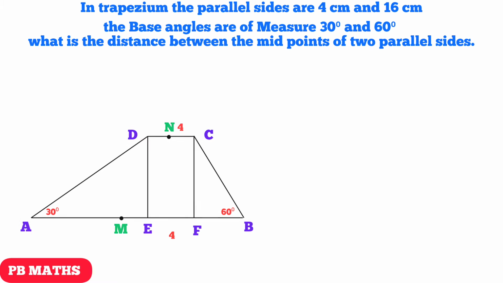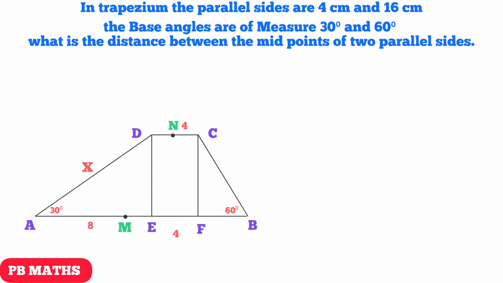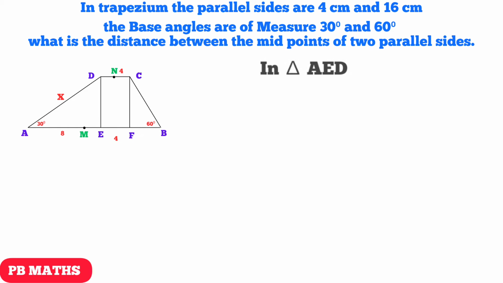For that, let's consider the length of AD as x centimeter. Now, let's express the length of AE in terms of x. For that, let's consider right angle triangle AED. In right angle triangle AED, cos theta equals adjacent side by hypotenuse. So here theta is 30 degrees.